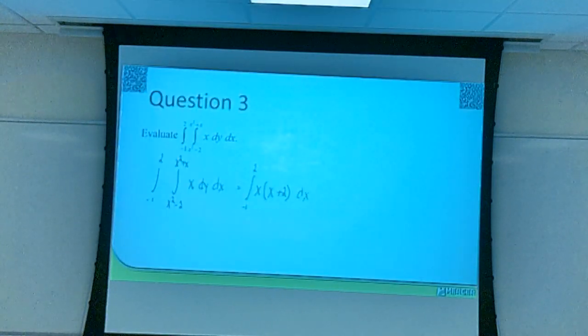And that is a trick that I will be using a lot. Top minus bottom. I'll be doing that a lot.